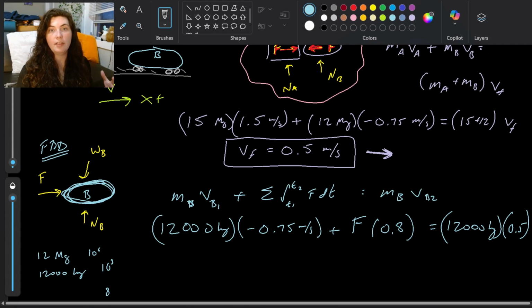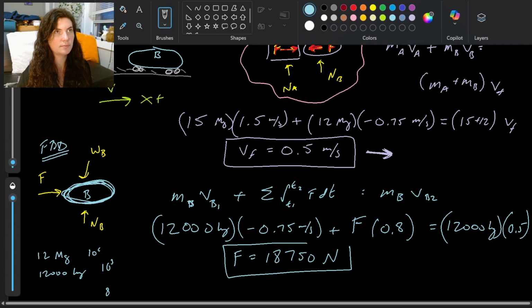So with all of that, we have all of our ingredients. We can plug this into the calculator to find what F is. The calculator gives me 18,750 newtons. So that is the impulsive force that it experiences in those 0.8 seconds when those two cars are coupling together.